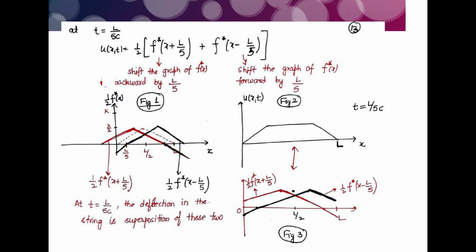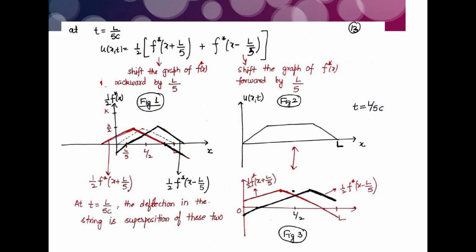Now we just add these two curves and we get the deflection in the string, which is given by figure number 2. See carefully, at x equal to 0 the red graph is exactly the same above the x-axis as the black curve below the x-axis. So when we add these two, the value is 0.